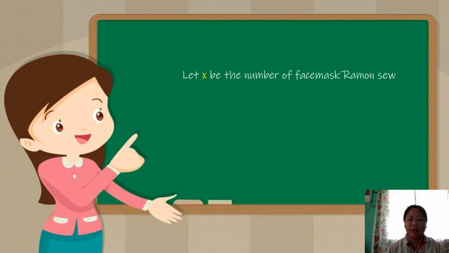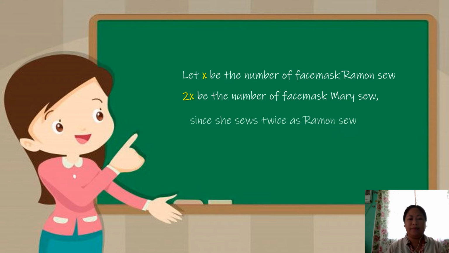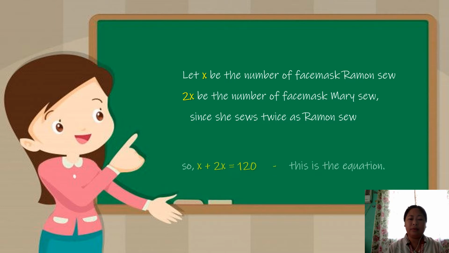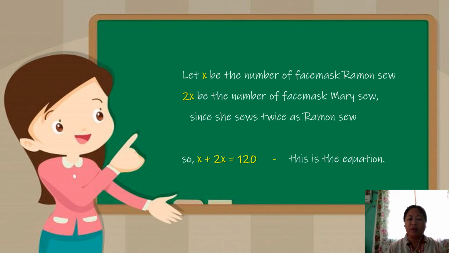Let x be the number of face masks Ramon sews. 2x is the number of face masks Mary sews, since she sews twice as many as Ramon. So, x plus 2x equals 120. This is the equation.